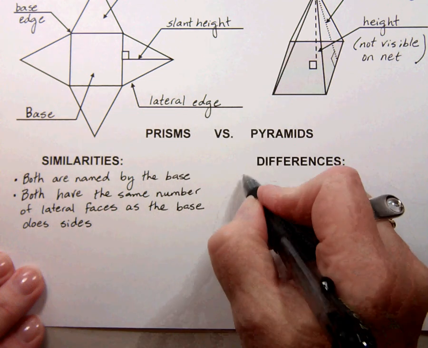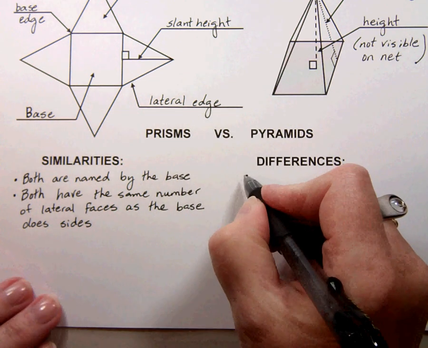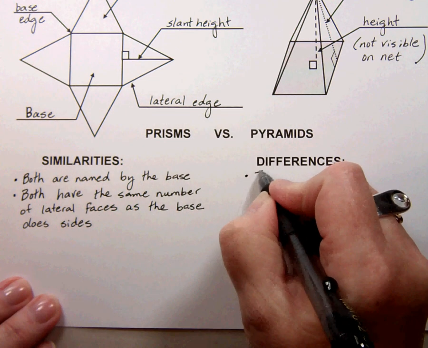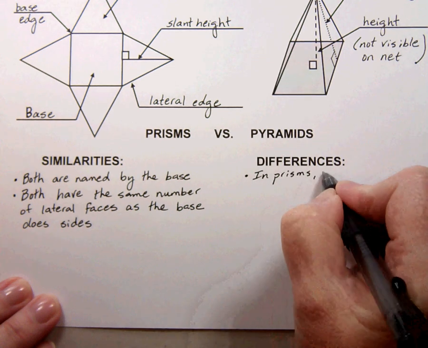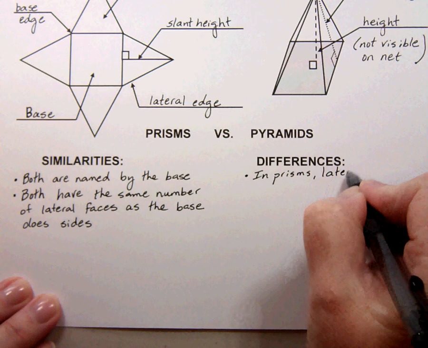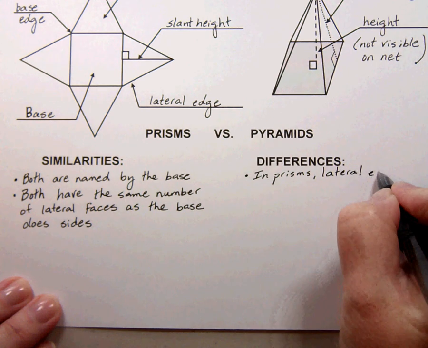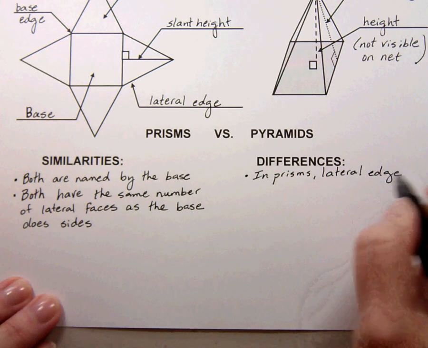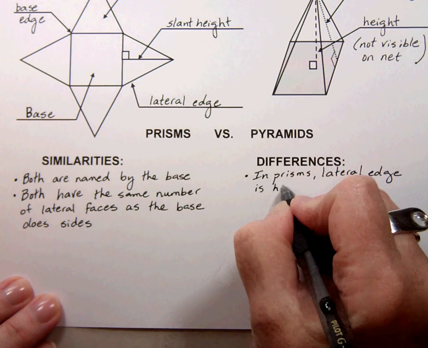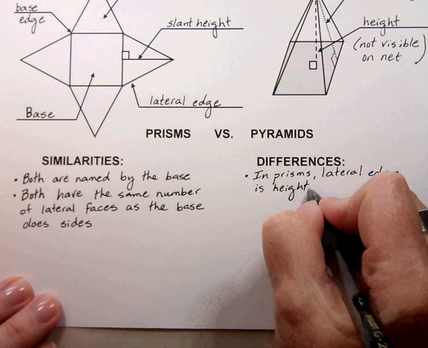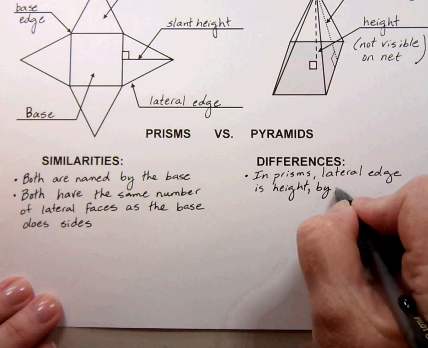Okay, let's look at some differences. In prisms, a lateral edge is the height, but not in a pyramid.